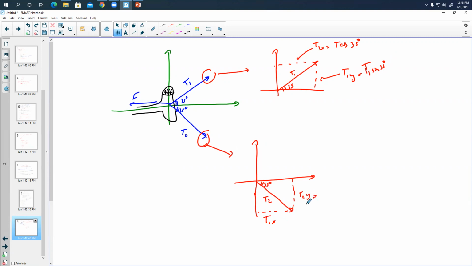So T2y is going negative, so it's really minus T2 sine 35 degrees, and T2x is going to be T2 cosine 35 degrees. So basically, let me actually draw this better, just to make it a little easier.